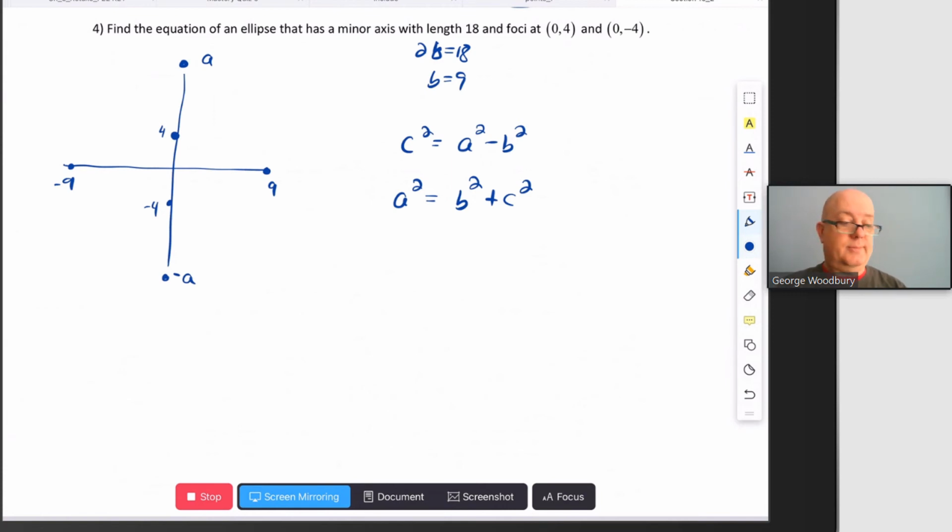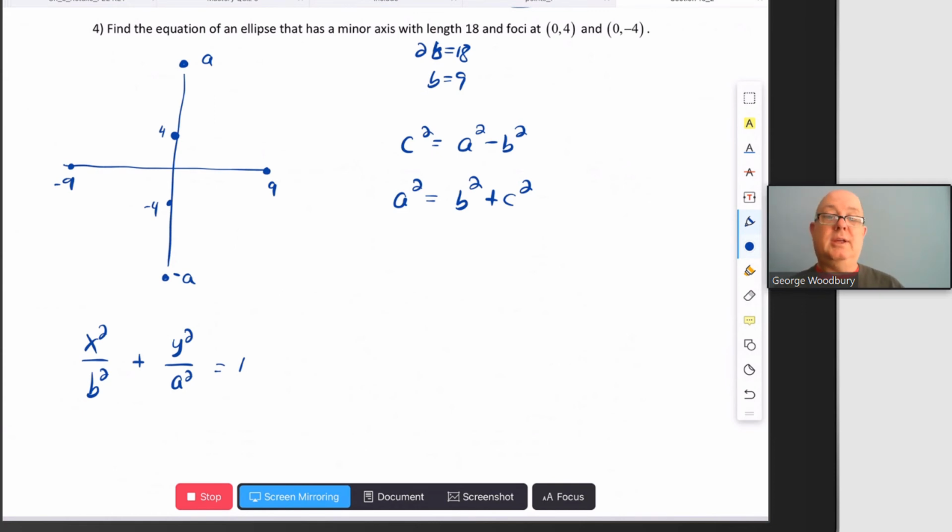In the equation, because the major axis is vertical, I know that the equation has to be of the form, let me just start over, too fast. It's x squared over b squared plus y squared over a squared equals 1.